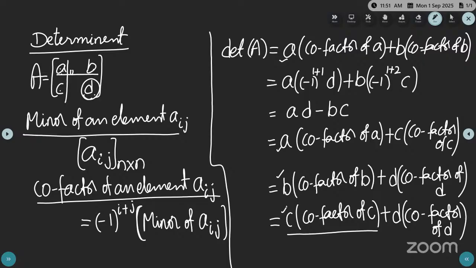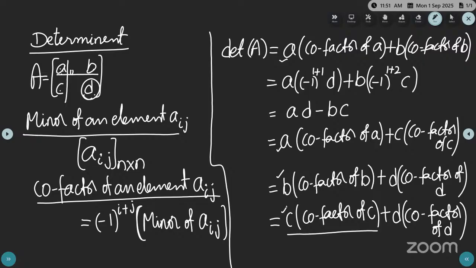Any row or column elements with its corresponding cofactors. Determinant is the sum of products of any row or column elements with its corresponding cofactors.